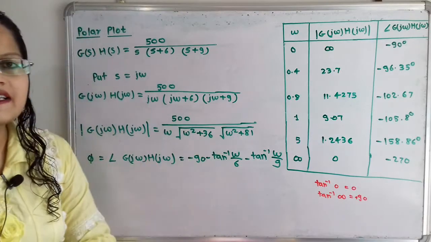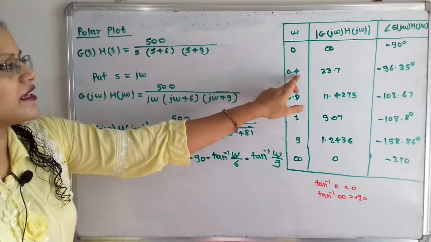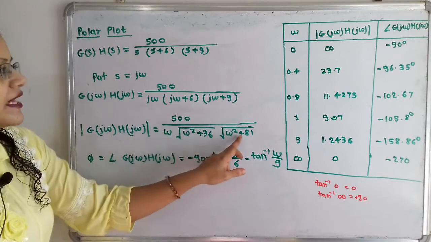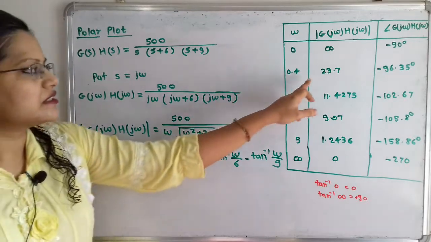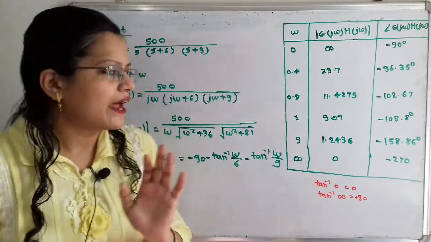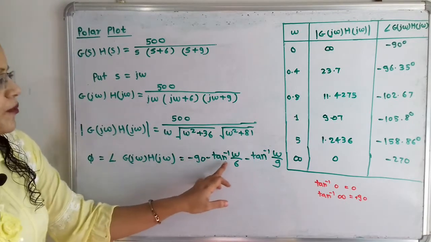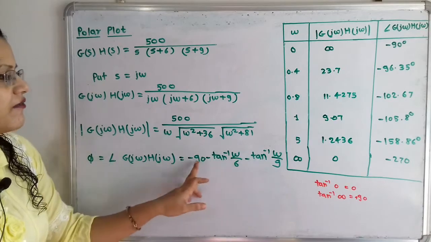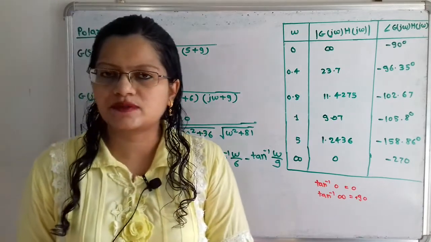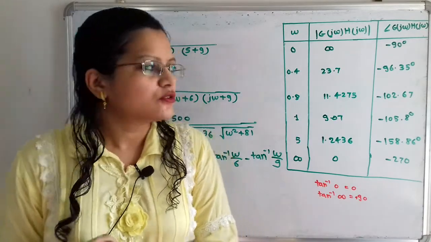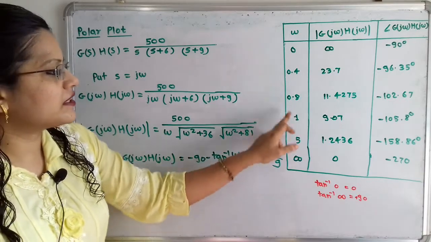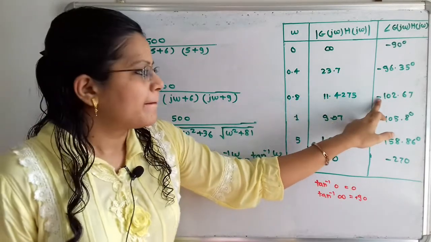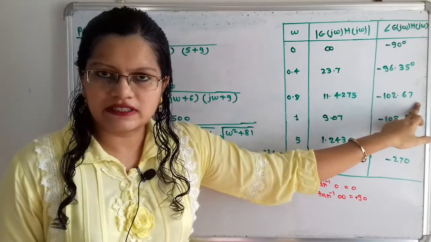Then we will take any random value; I will take 0.4. When we put omega equal to 0.4, the magnitude is 23.7, and the phase angle phi is equal to minus 96.35 degree. In the same way, we calculate for 0.8: 11.4275 and minus 102.67.